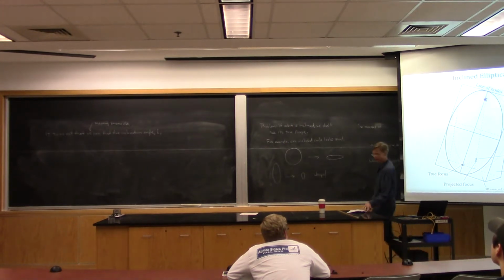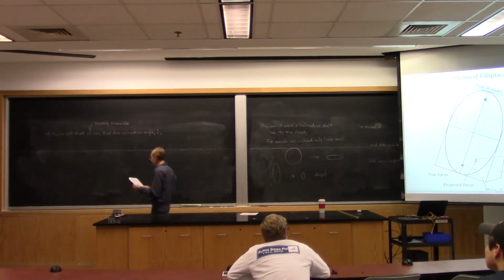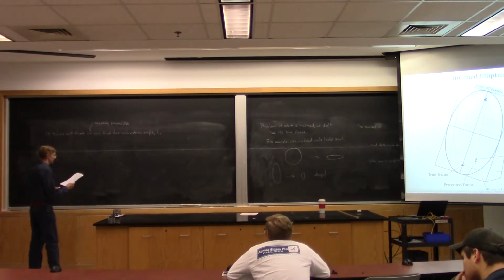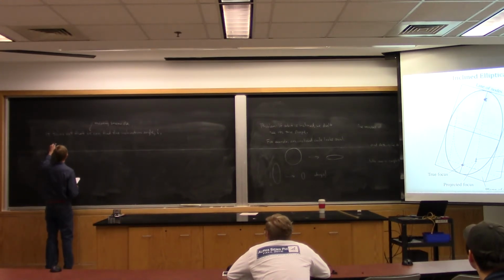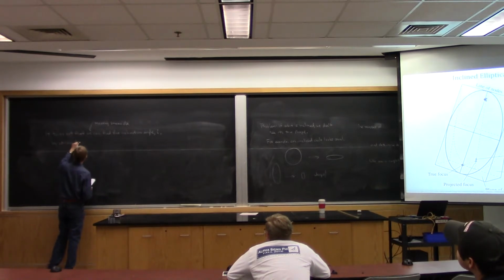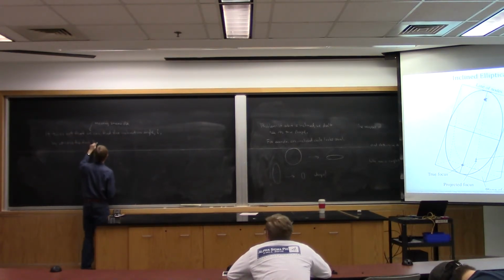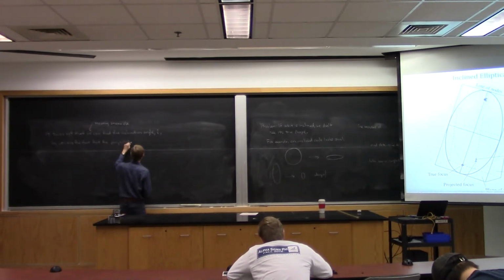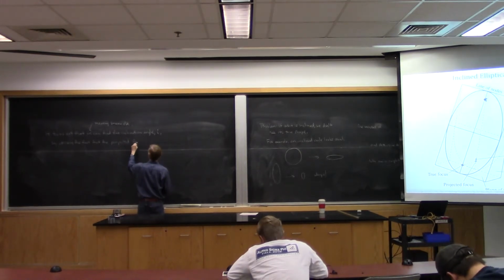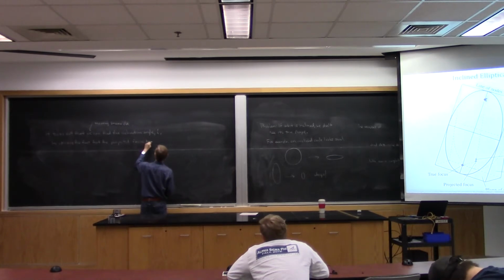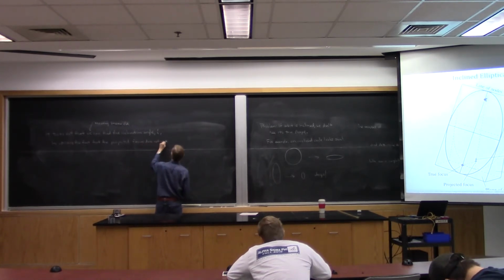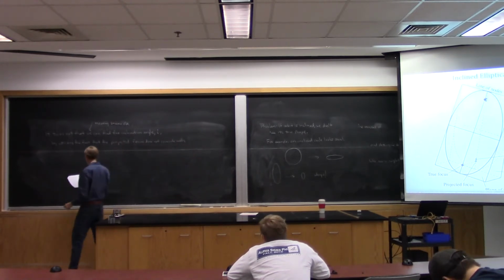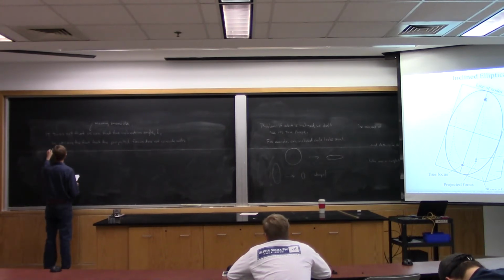We can find that angle I by utilizing the fact that the projected focus does not coincide with the focus of the observed ellipse.